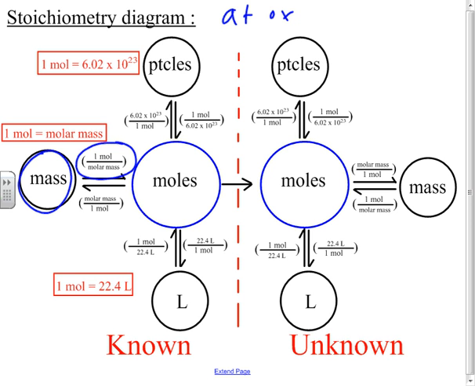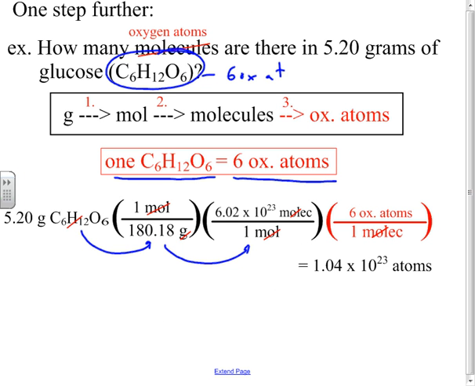We have to divide by the molar mass of the substance, here glucose. Then we have to get from moles to particles, follow the arrows. We have to multiply by Avogadro's number. Then we have to get to atoms, and there's 6 oxygen atoms per molecule. So we have to multiply by 6. I hope that helps.